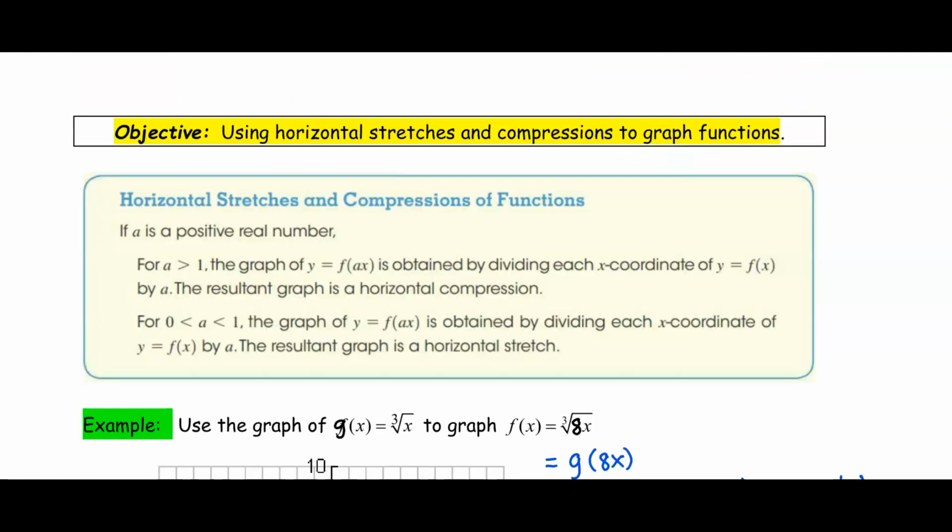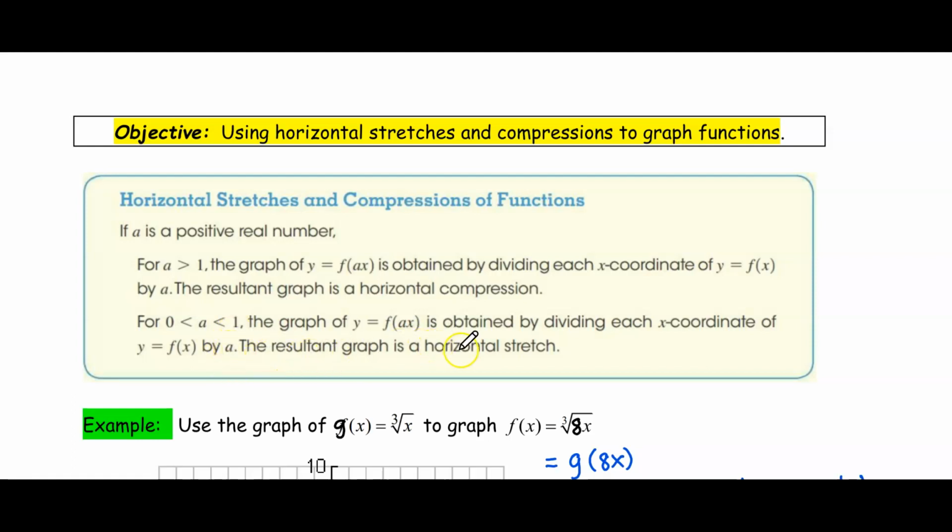1/8x. Now recall, for a between 0 and 1, so in our case a is 1/8, so that's between 0 and 1, the graph of y equal to f of ax is obtained by dividing each x coordinate of y equal to f of x by that factor a.